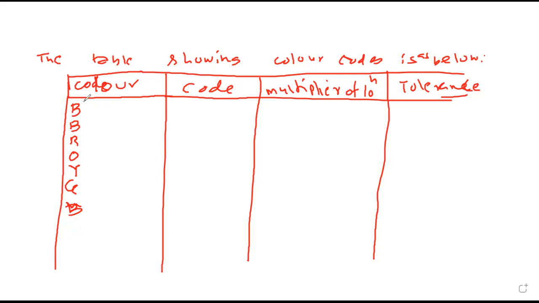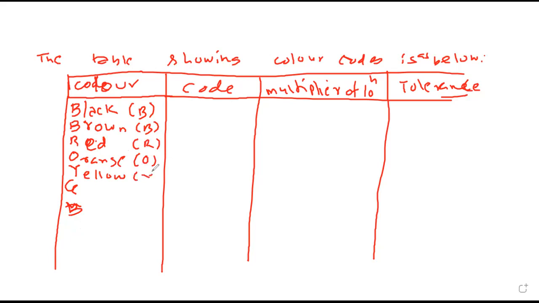B stands for black. This B is brown, red, orange, yellow, green, blue, violet, gray, white.